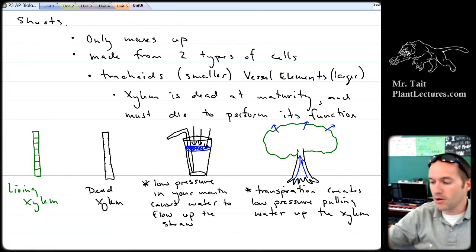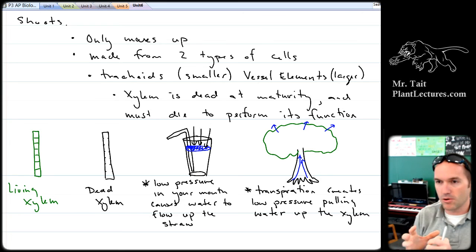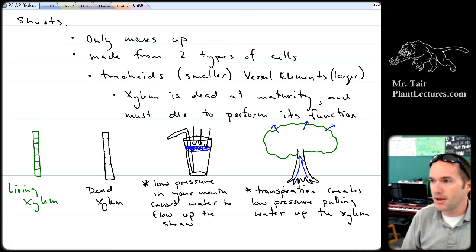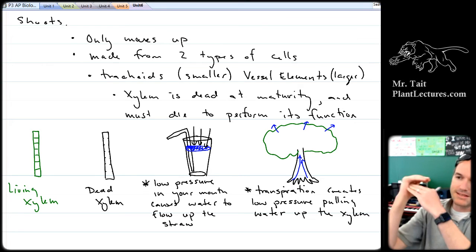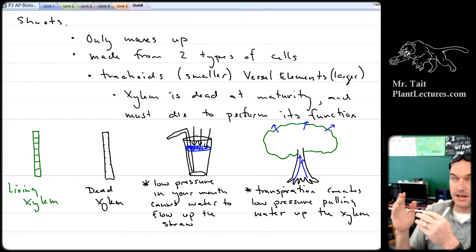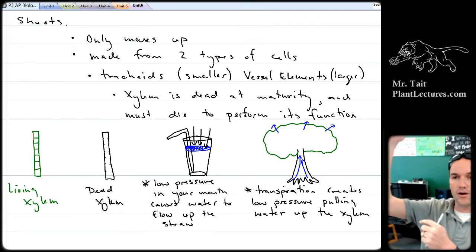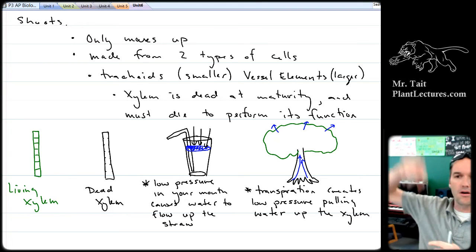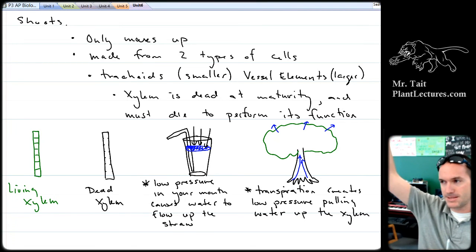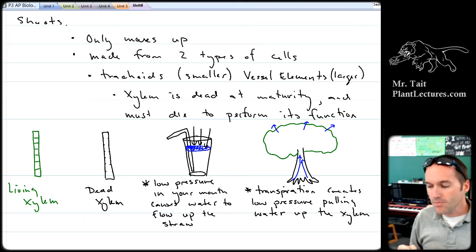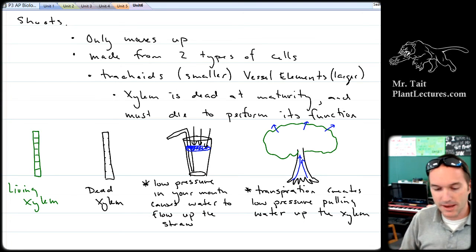So if there were to be any voids in this, if this thing were to have a space at the top, then that vascular tissue would be no longer useful. But because it's airtight all the way up, it's just a column of water, you can continually move water up almost an infinite amount of space, right? That's one of the mechanisms that drives this.